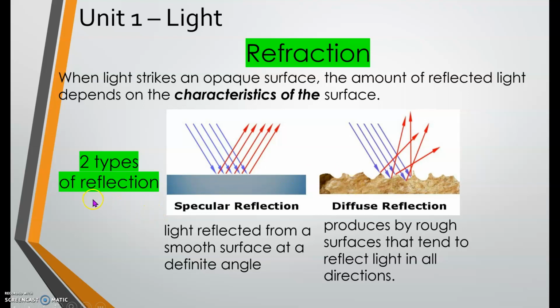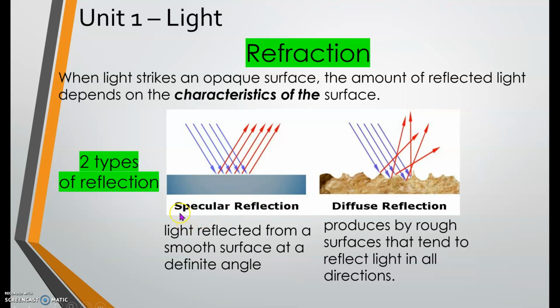Okay, let's talk about the two types of reflection. Number one, specular reflection. Everybody, specular reflection. And number two, diffuse reflection. Everybody, diffuse reflection. Very good.